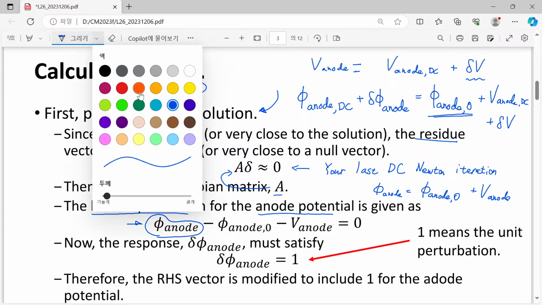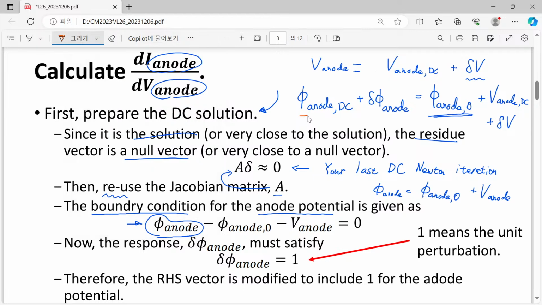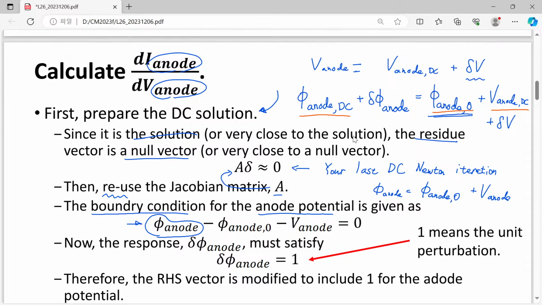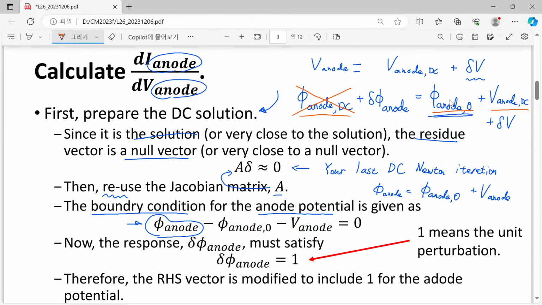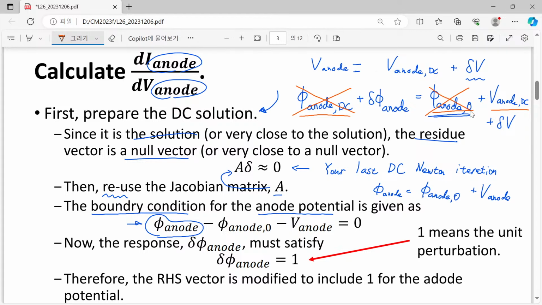But as we have seen already, the DC term itself satisfies this condition: the DC solution is given by the equilibrium solution plus the DC applied bias. So now we can safely eliminate these identically zero parts.